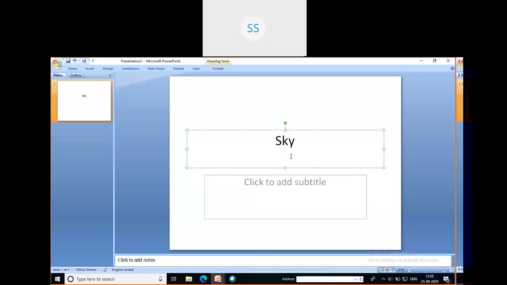Okay, let me explain. For sky, it can have 5 values, right?